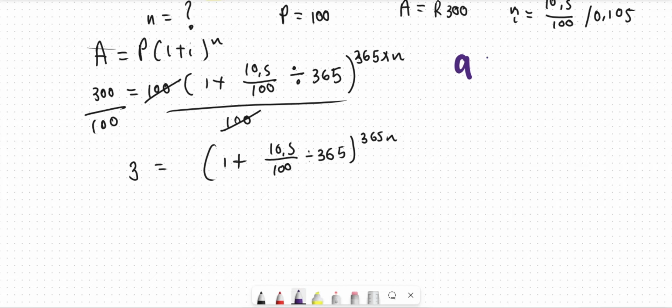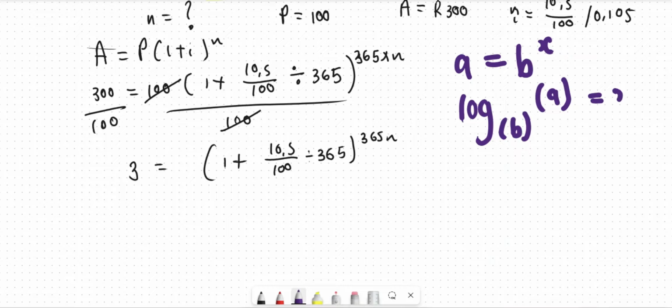It says if I have a is equal to b to the x, and I'm trying to solve for x, then it's the log base b of a, and this is all equal to x. Take note, the base, where the exponent was, becomes the base of the log.